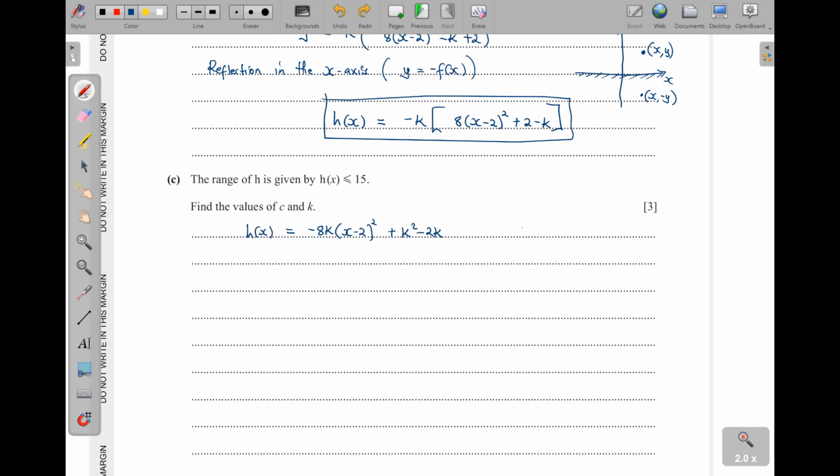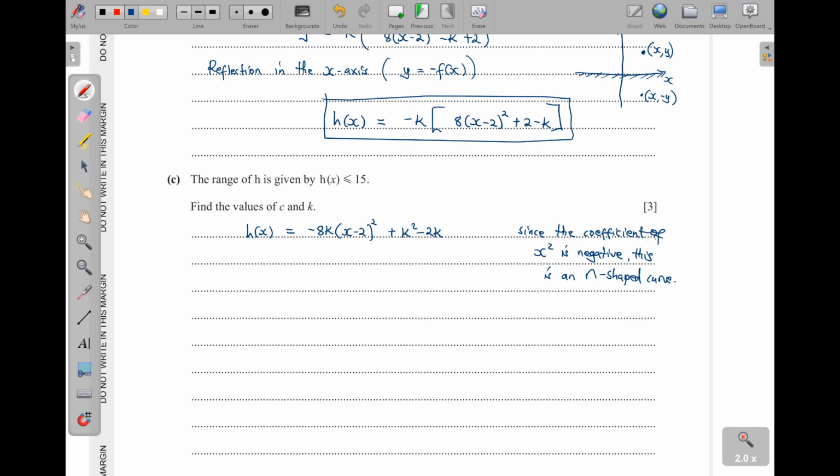So since the coefficient of x squared is negative, this is an N-shaped curve. An N-shaped curve with a maximum turning point.